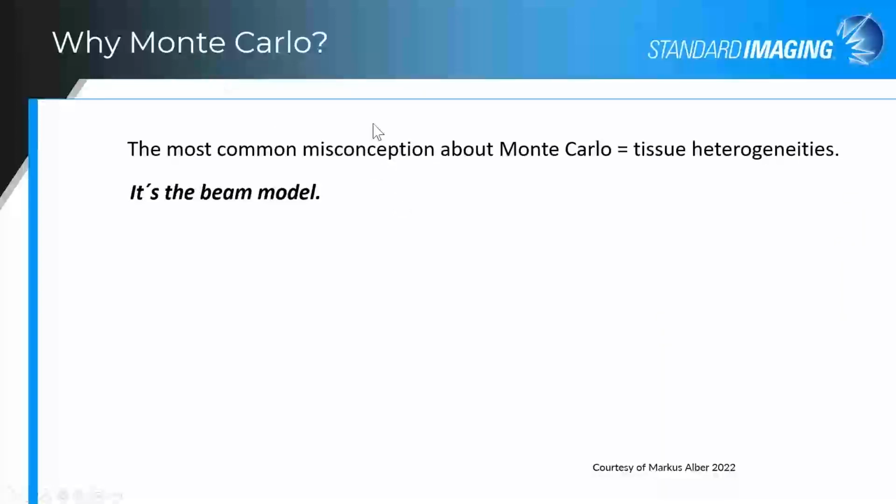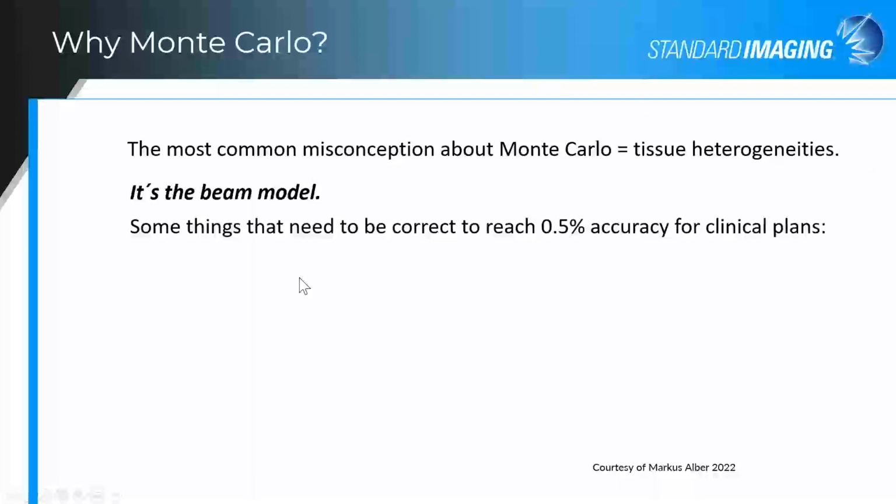So why Monte Carlo? We've shown that it's fast. Everybody knows Monte Carlo is accurate, and shown some examples there. Another thing is, so what is most important? Of course, tissue heterogeneities are important, but the beam model is also very important because there are certain things that need to be correct to reach a 0.5% accuracy level for clinical plans.